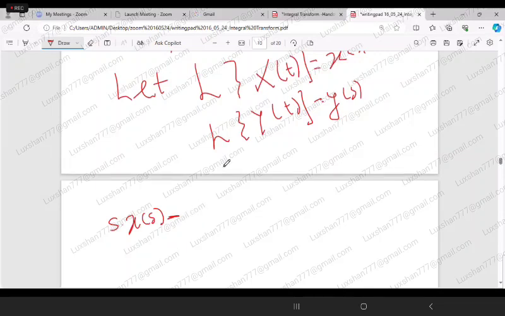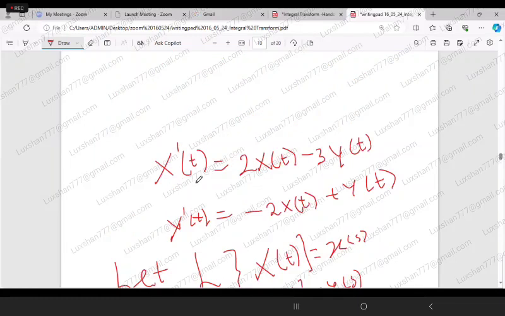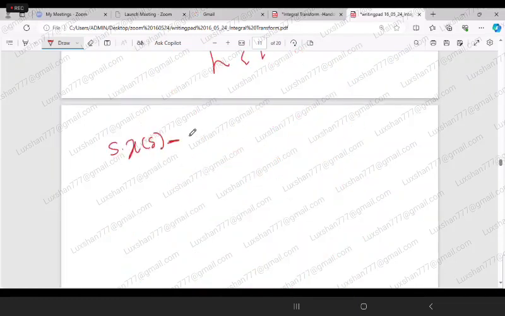Can anyone tell me what will come here if you take the Laplace of the first equation, x dash t? sX(s) minus capital X(0). Very good.